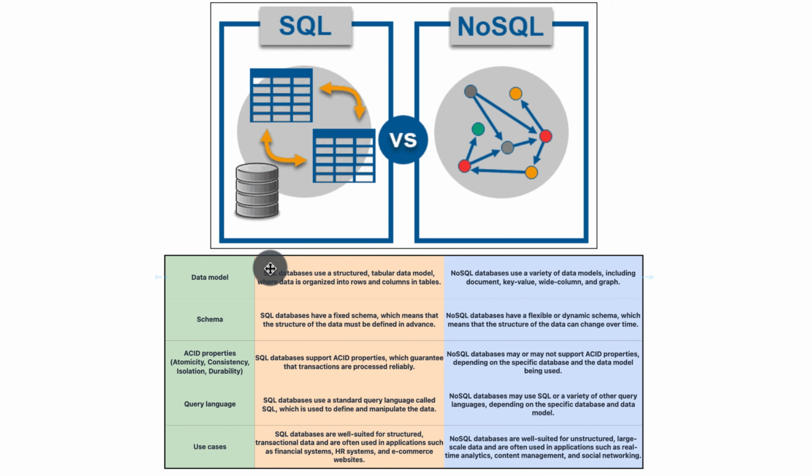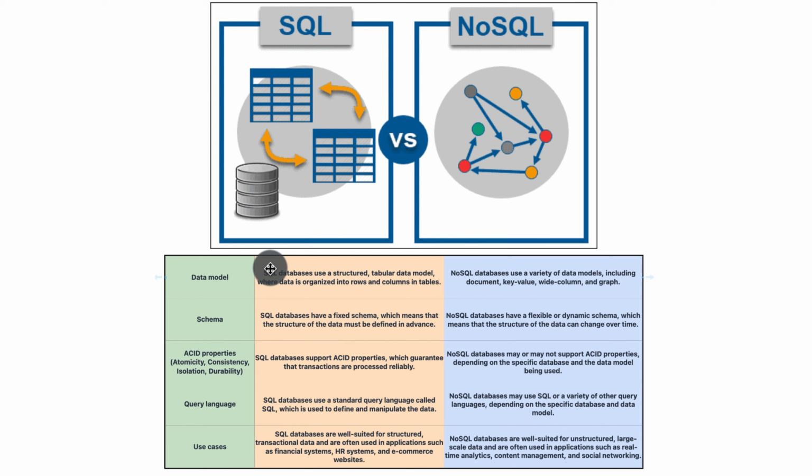Then we will talk about the query language. SQL databases use a standard query language called SQL, which is used to define and manipulate the data. NoSQL databases may use SQL or a variety of other query languages, depending on the specific database and data model.